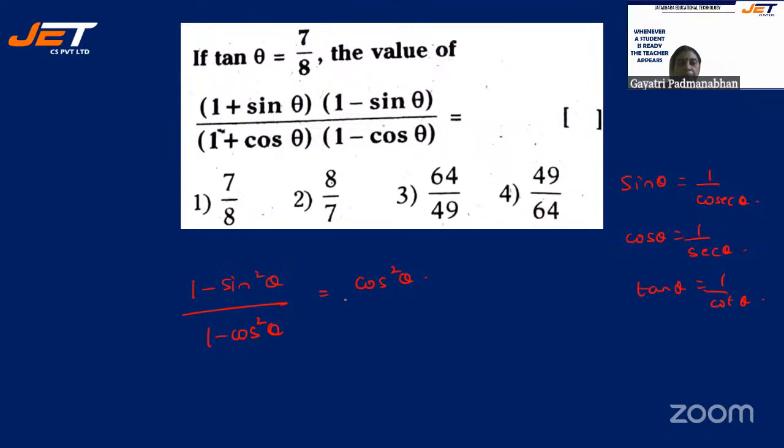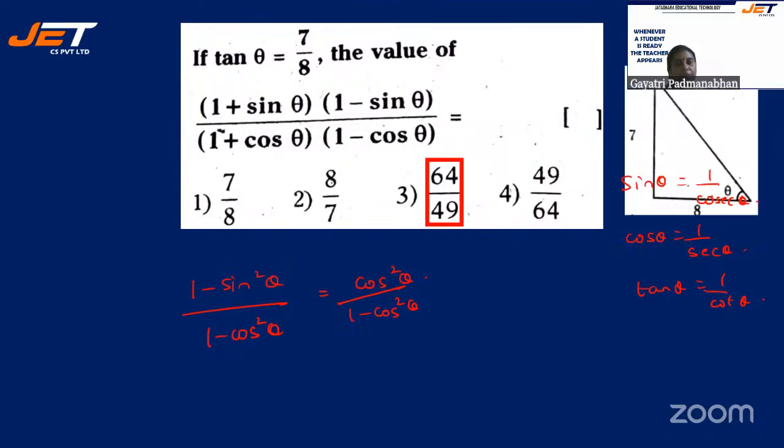So instead of secant, you can also write it as 1 minus cos square theta. Right? So cos square theta by 1 is cos square theta minus 1. Right? So what is cos square theta minus 1, which we will arrive at 64 by 49.